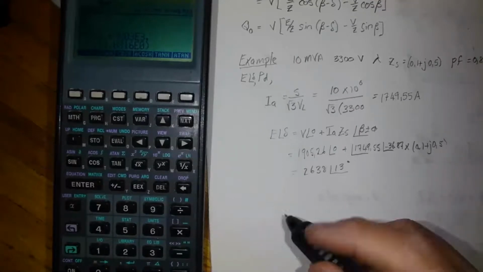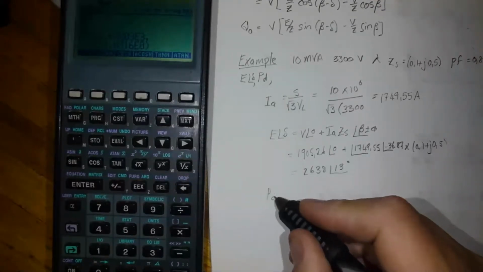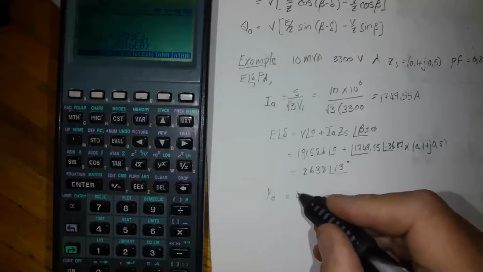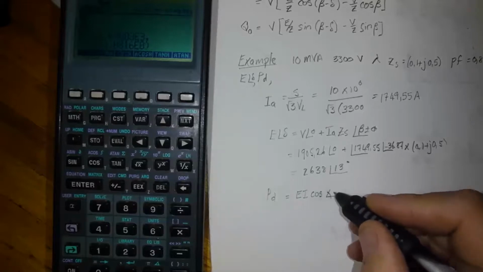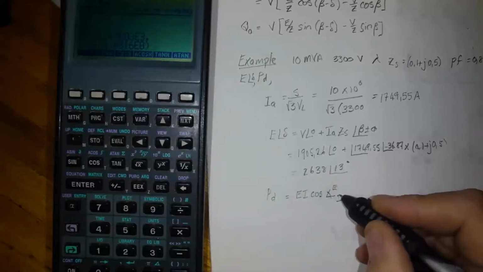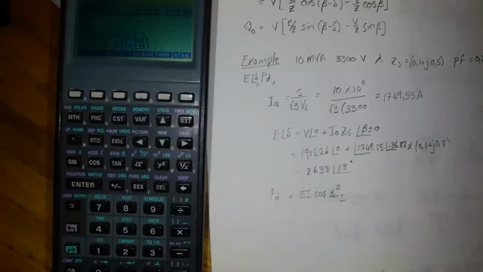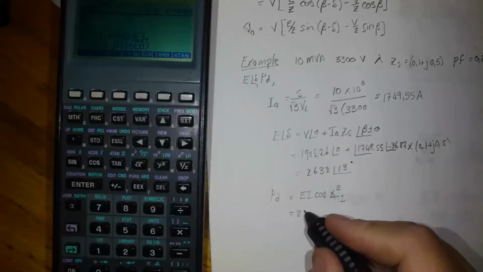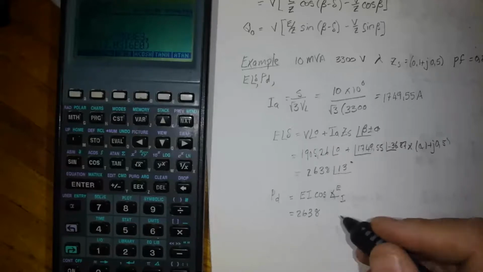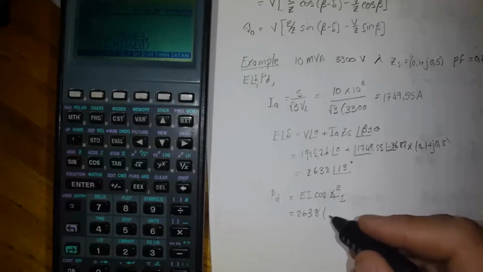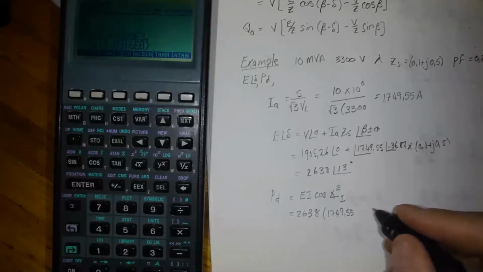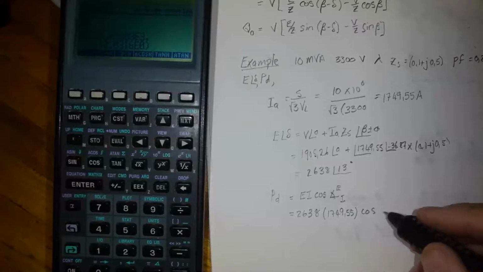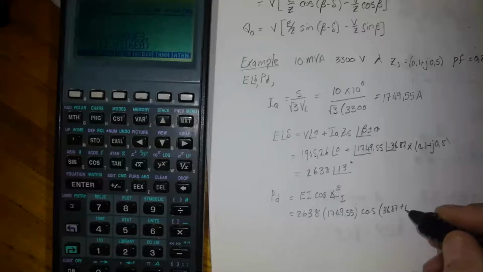So now, if we want to develop power, we can say that it's E I cos of the angle between E and I. That's the shortcut method. So that means we've got 2638 times 1749.55 cos of 36.87 plus 13.